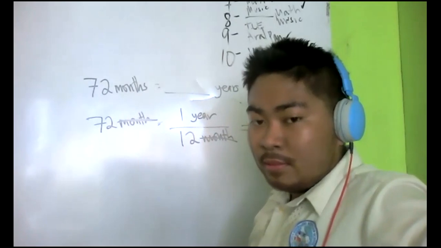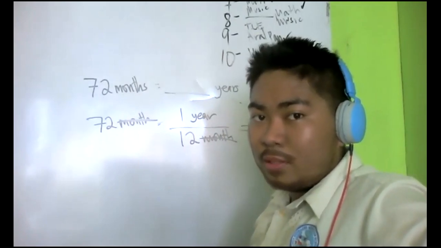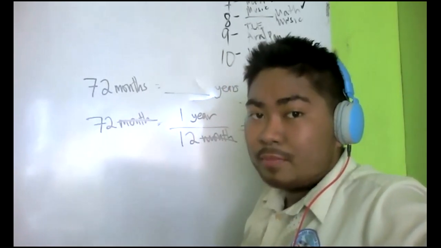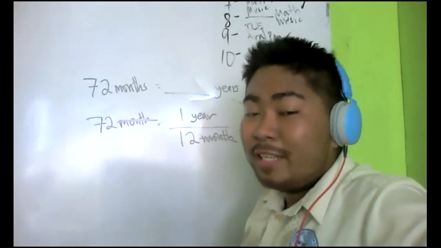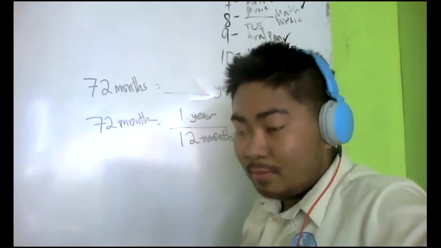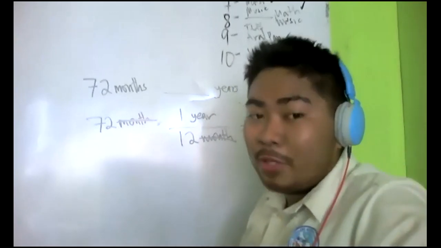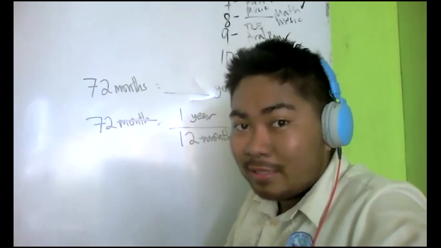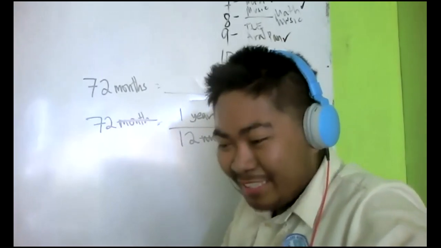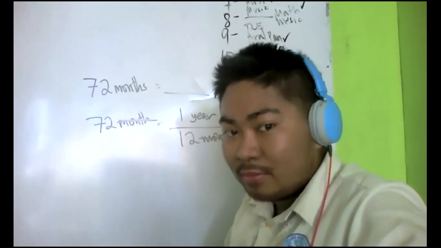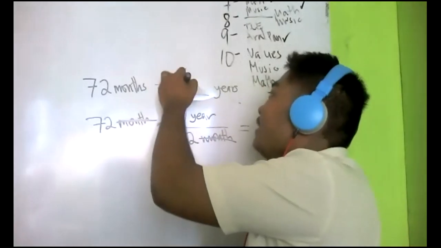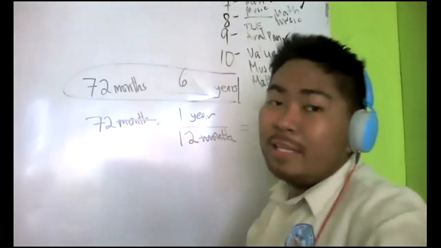The answer is? Are you sure? 72 divided by 12 is 6. There are 6 years in 72 months.